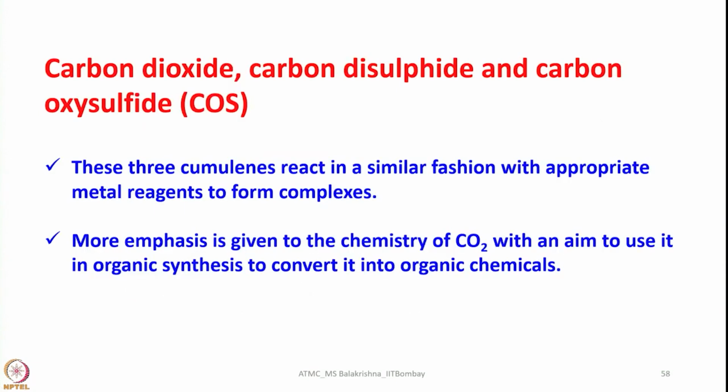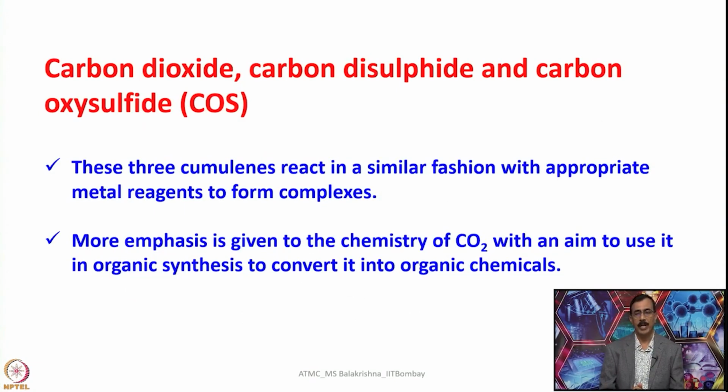So, now let us look into other carbon donor ligands. The important ones are carbon dioxide, from the point of view of reduction of carbon dioxide. A lot of groups show enormous interest and make a lot of complexes eventually to reduce carbon dioxide. It is not very easy, nevertheless people have succeeded partially in converting that into useful organic molecules.